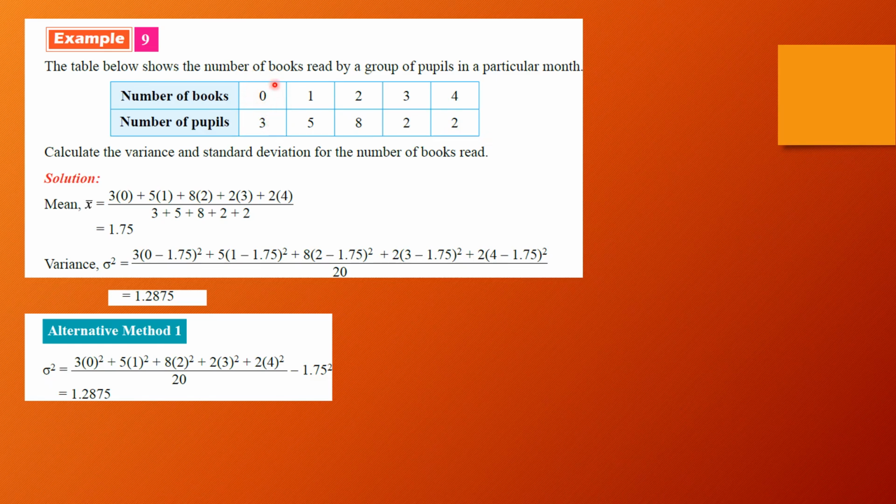That means 3 times 0 square, plus 5 times 1 square, plus 8 times 2 square, plus 2 times 3 square, plus 2 times 4 square. Then divided by 20. Then minus mean square. That is 1.75 square. So you get the same answer, that is 1.2875.